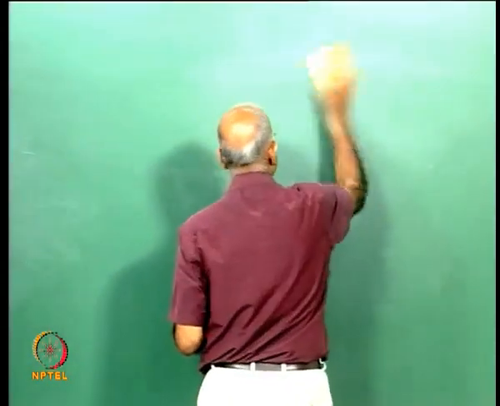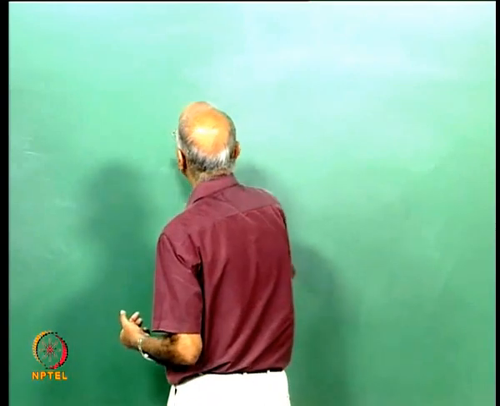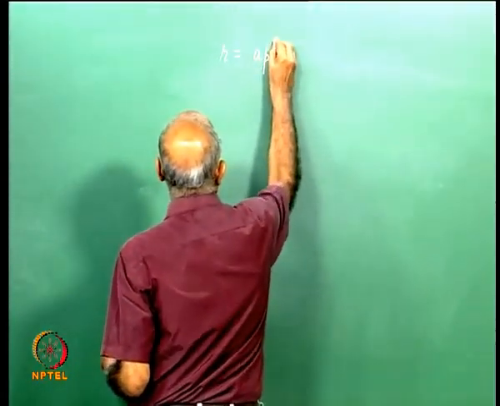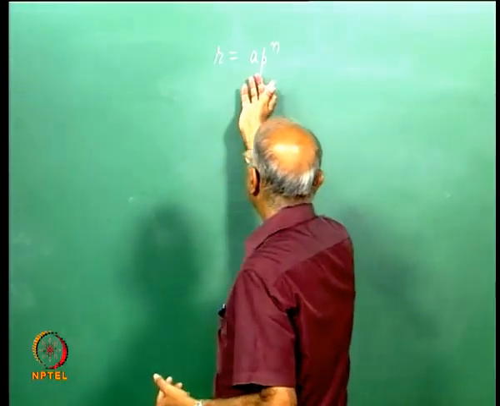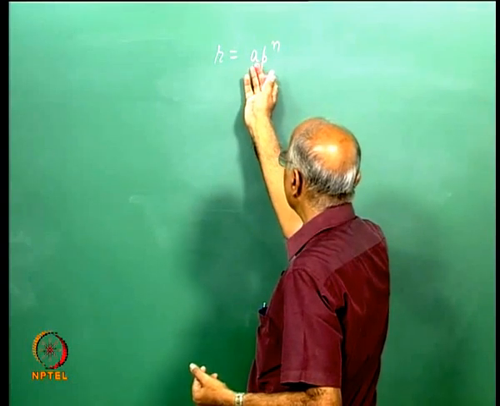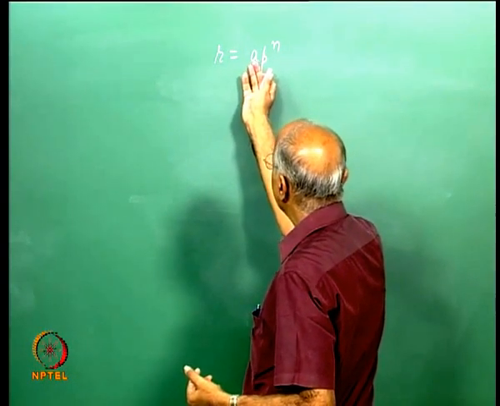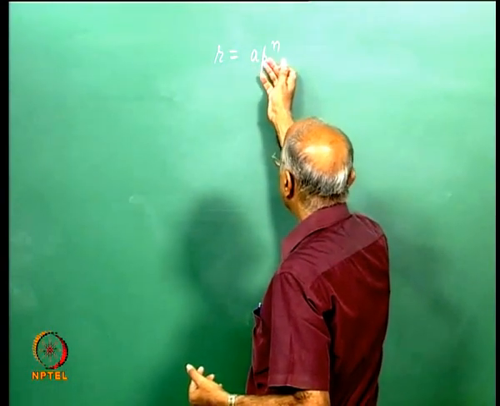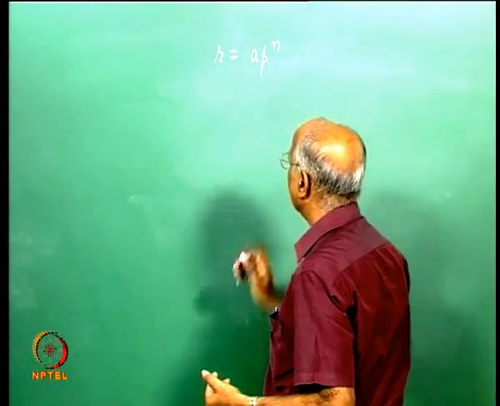Let me again repeat this point. What is it we have said? We said that the burn rate of a double base propellant can be written as R = aP^n, where a is a factor which considers all factors other than pressure, like the temperature of the gases, maybe T1, maybe the surface temperature, maybe the activation energy and all that, and pressure is directly taken to a power n.